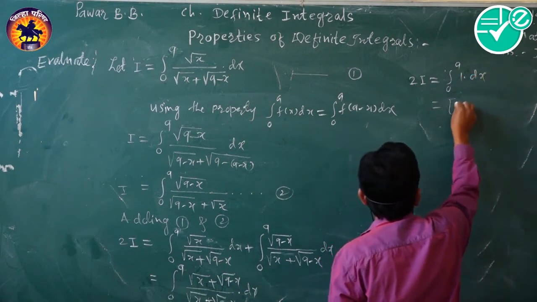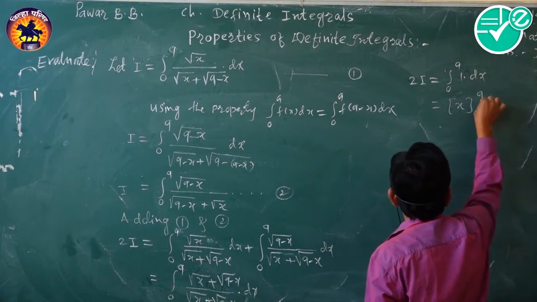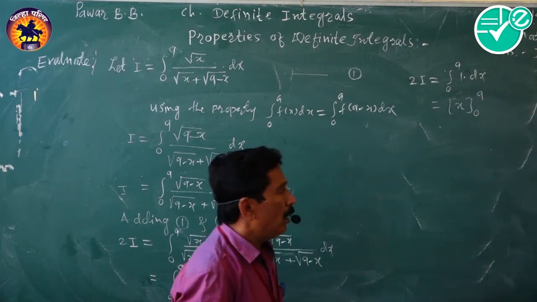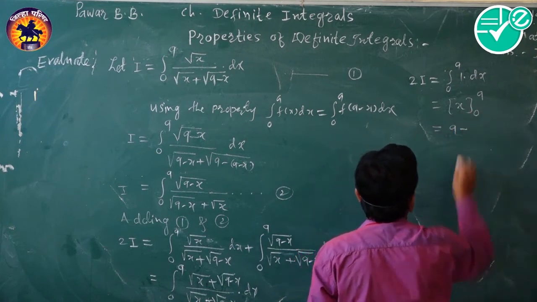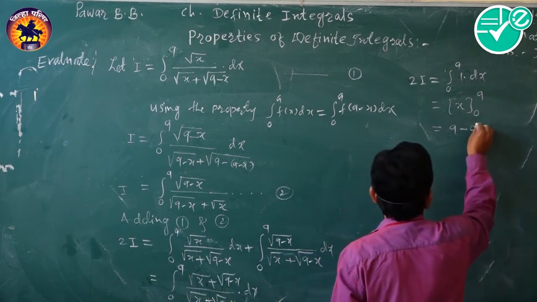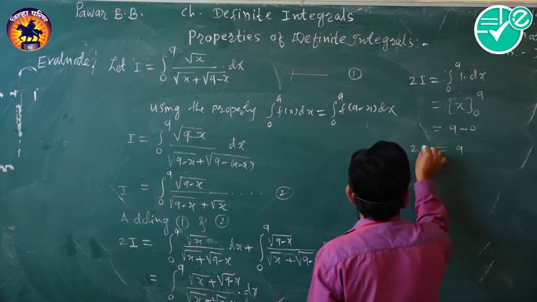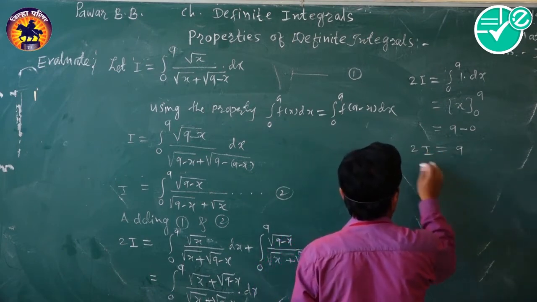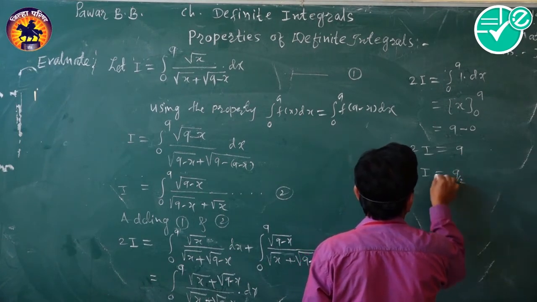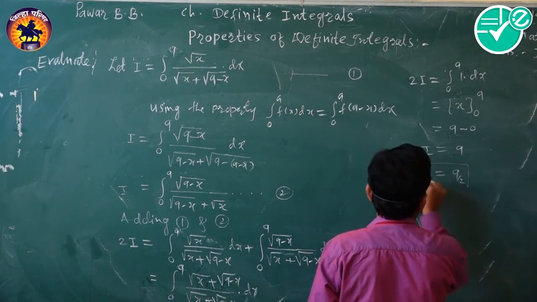Integration of 1 is x, limits are 0 to 9. Now substituting the upper limit x is equal to 9 minus the lower limit 0, that is nothing but 9. Twice I is equal to 9, hence I is equal to, dividing by 2, that is 9 by 2, and this is the answer.